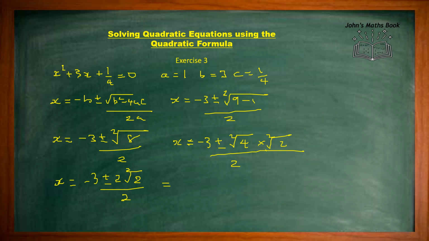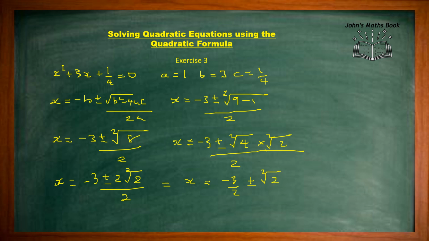And if we divide 2 into the numerator, we get x is equal to minus 3 divided by 2 plus or minus the square root of 2.